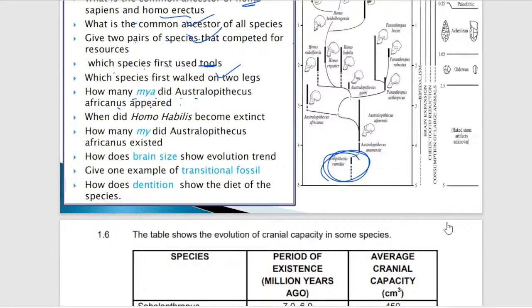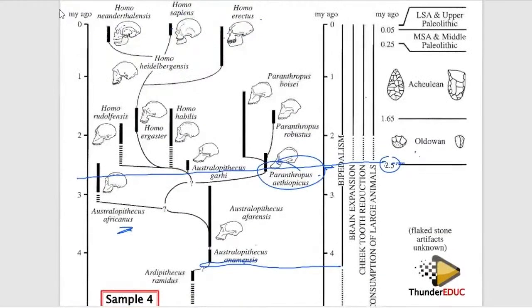When you talk about Australopithecus africanus, you come back here on the diagram and then you see where it appeared. Where is Australopithecus africanus? Africanus is here.